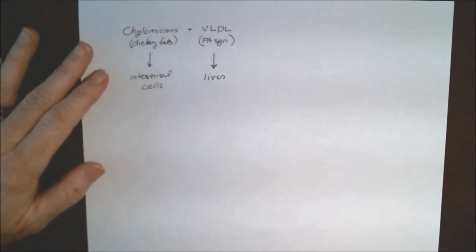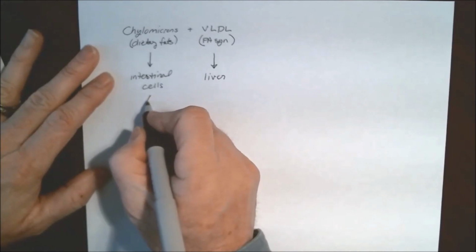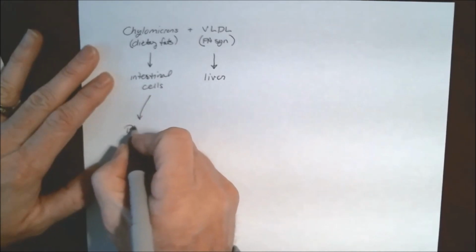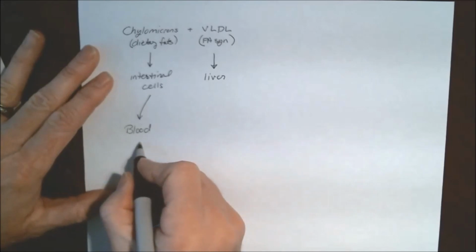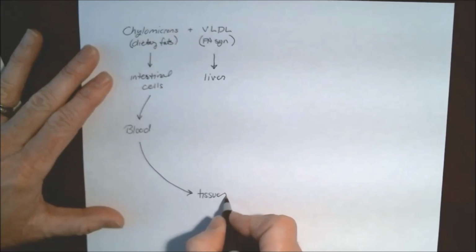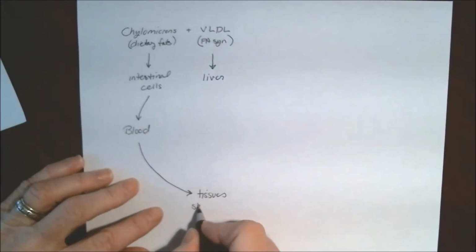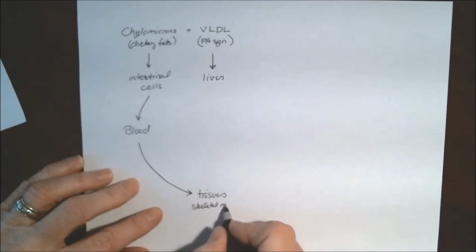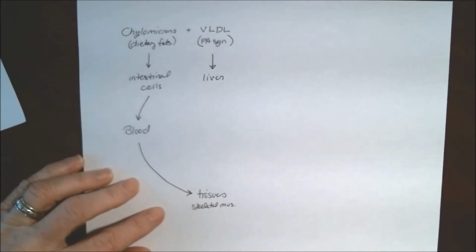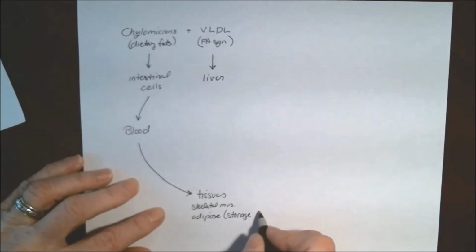And during the fed state, in the postprandial state, we have our chylomicrons. These will circulate in the blood, and they will provide tissues that need fat. For example, skeletal muscle will use fatty acids for energy, or adipose tissue for storage of these dietary fats.